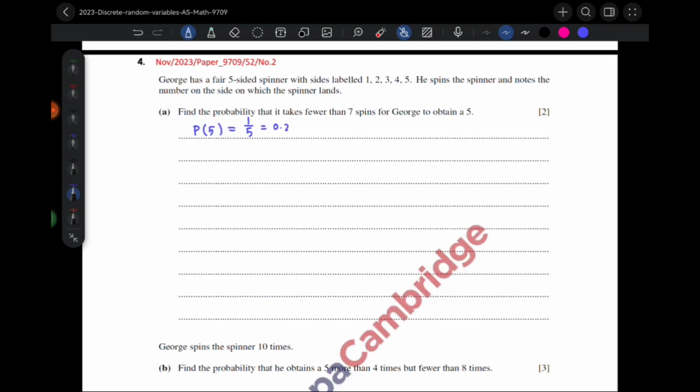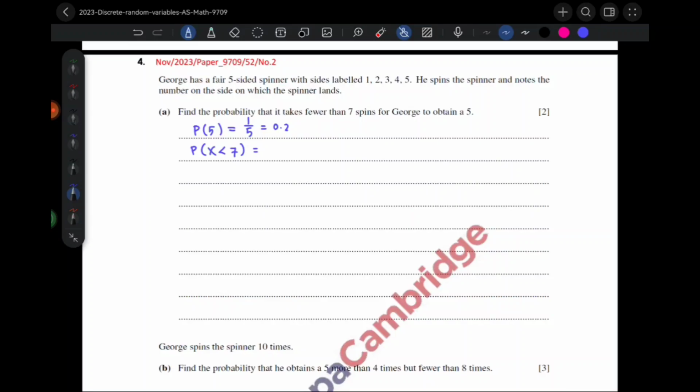And then the probability that it takes fewer than 7 spins: probability of X fewer than 7. So we have 6 possibilities.